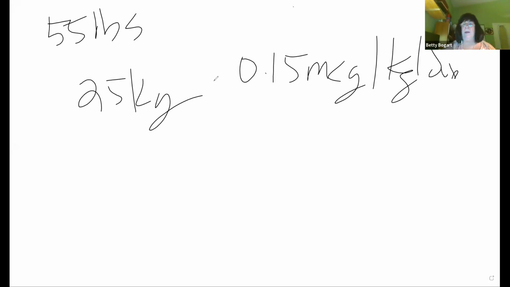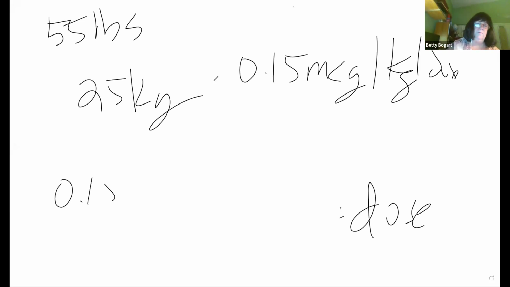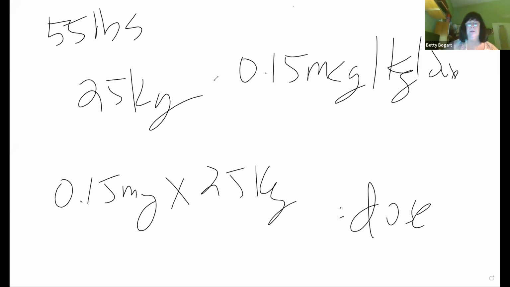So how am I going to make my dose? Well, 0.15 micrograms times 25 kilograms is going to equal my dose. All you do is multiply it. So 0.15 times 25 equals 3.75. And that is micrograms.